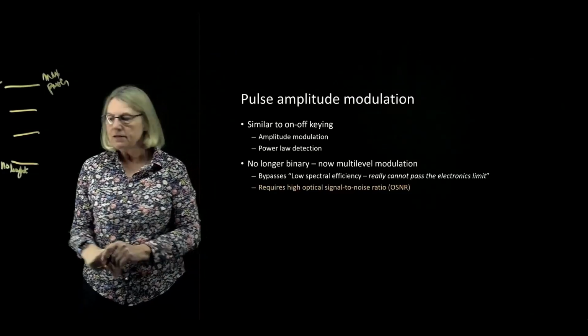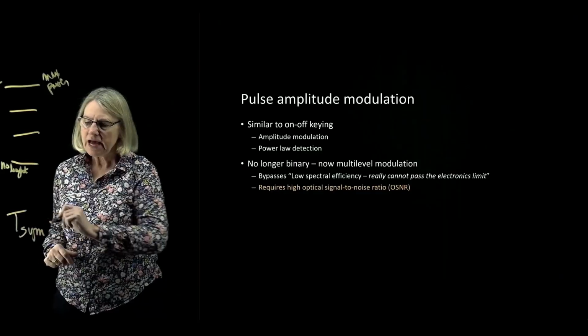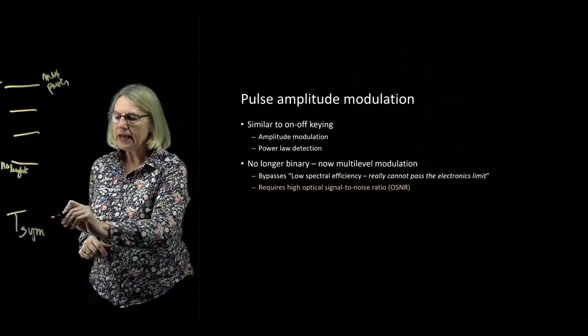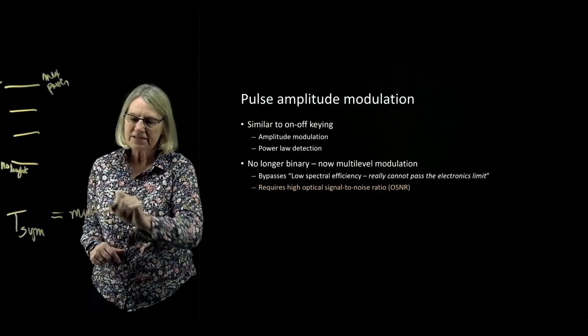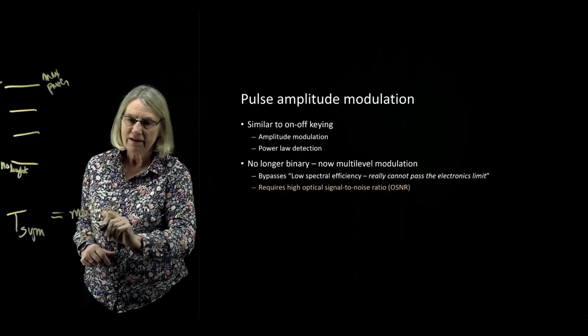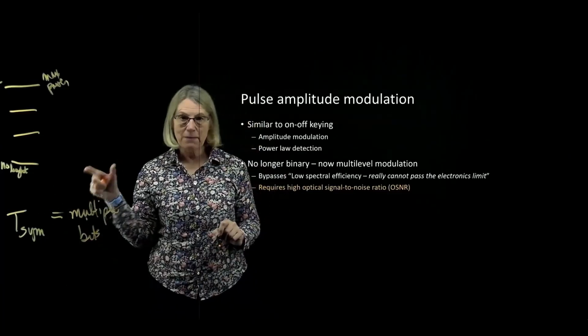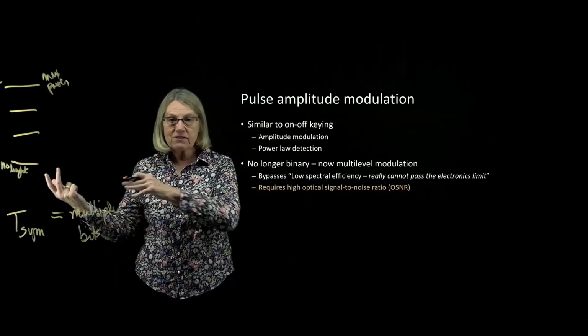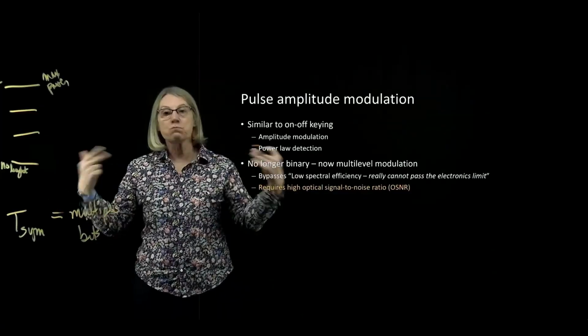But it does mean that in the time of one symbol, I can get multiple bits transmitted. And because I'm transmitting multiple bits in the same amount of time, binary compared to 4-level PAM, 4-level PAM sends more information.